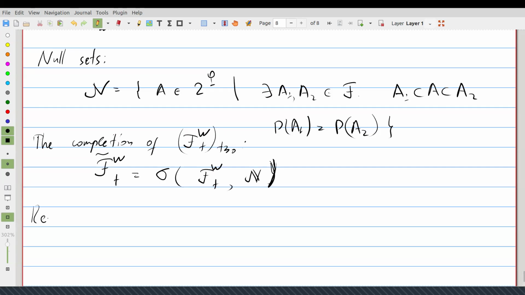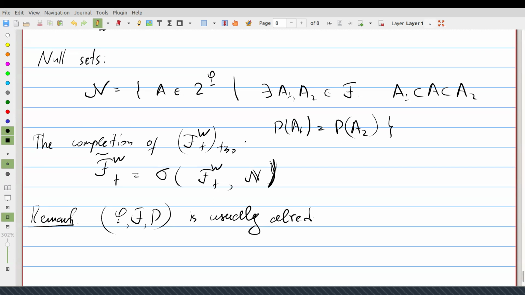Now, a small remark. Effectively, the original probability space is usually already complete, in the sense that F contains null sets.